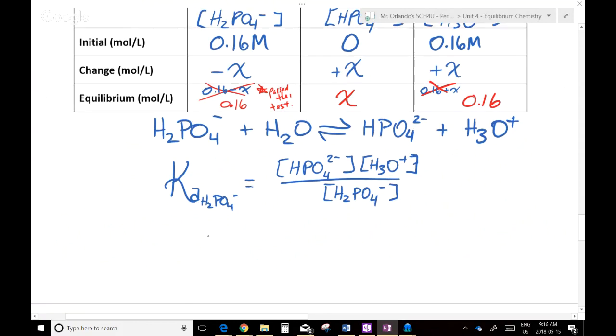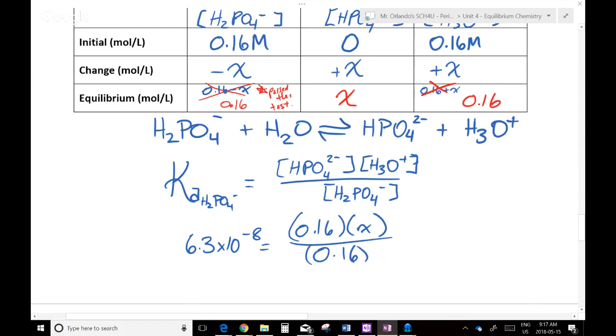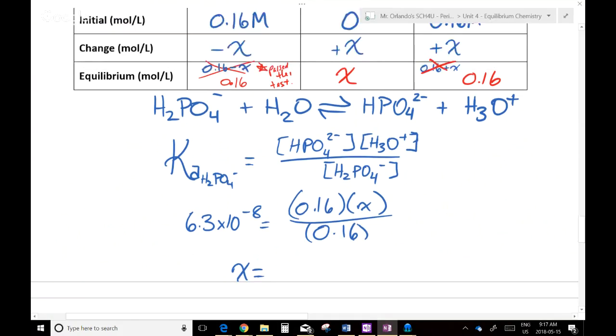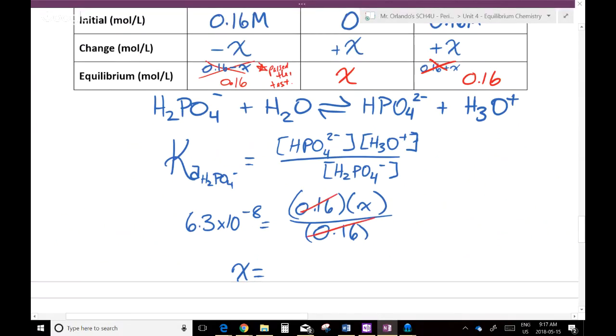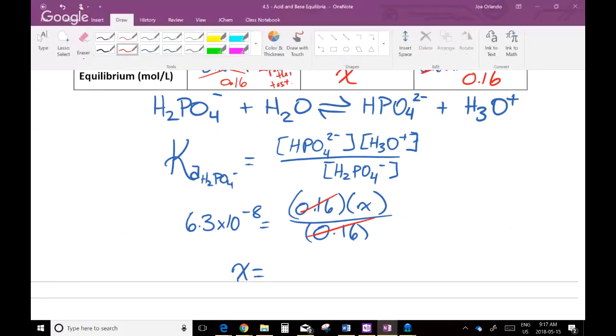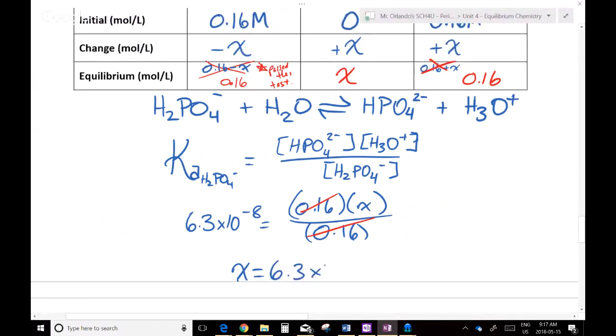What is the actual Ka? 6.3 times 10 to the power -8. Is equal to 0.16 times x divided by 0.16. And so we end up in the very nice, easy situation of these dividing by one another and canceling. And so we just get x equal to 6.3 times 10 to the -8.